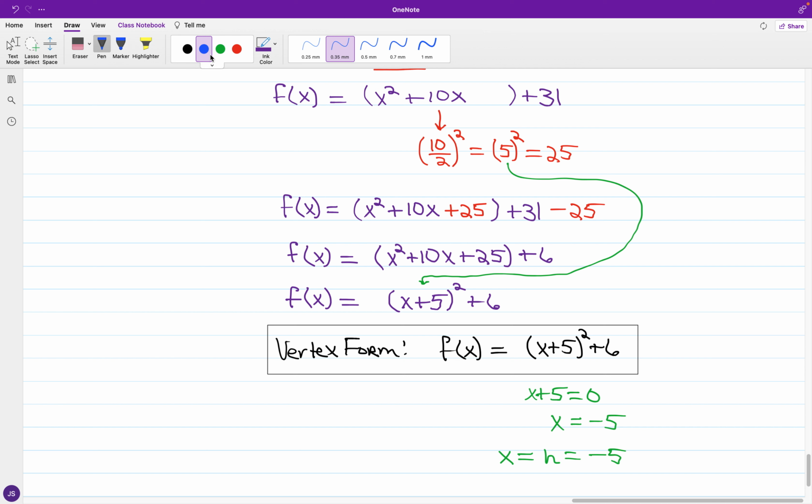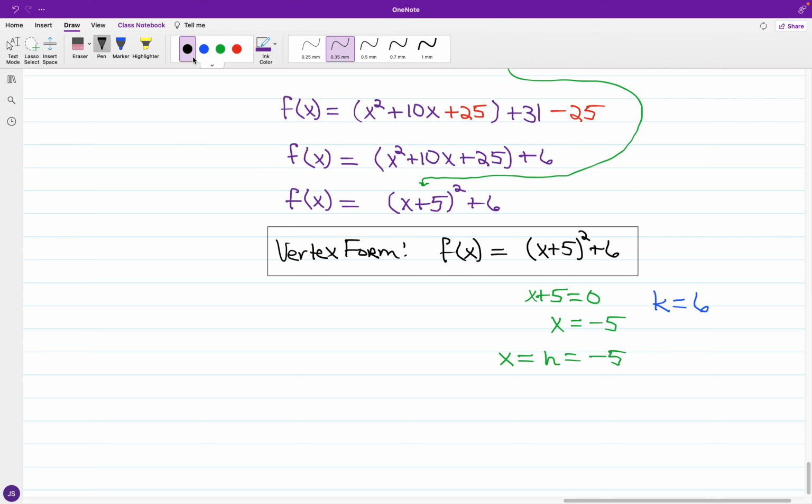And again, with the k value, the plus 6 refers to the k. And for the coordinates of the vertex, we're going to have negative 5, 6.